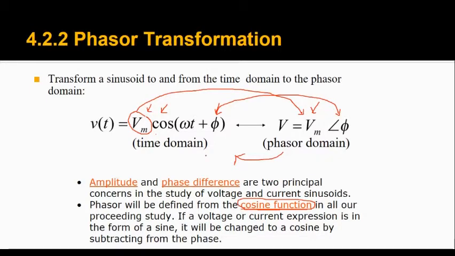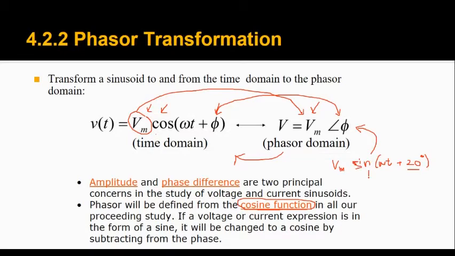If a voltage, let's say, is written as Vm sine omega t plus, let's say, 20 degrees, for the time being you cannot transform this yet, because the angle will be different.